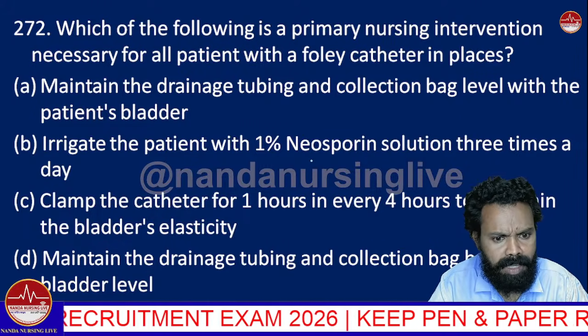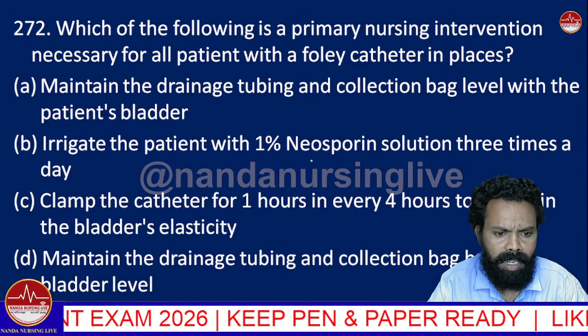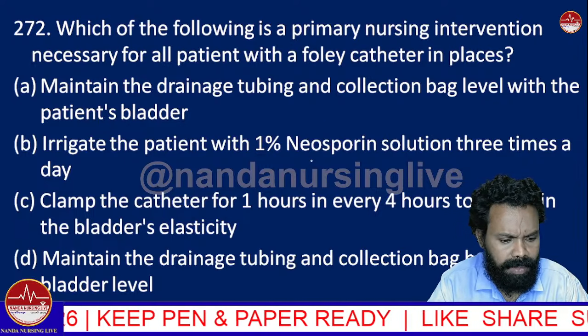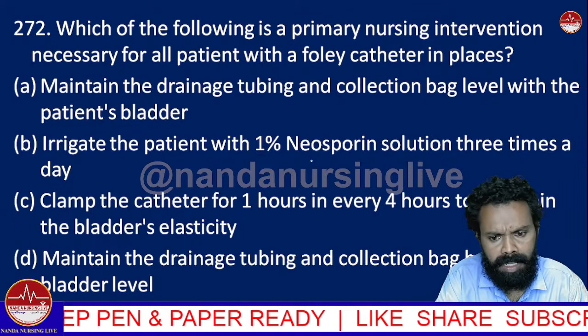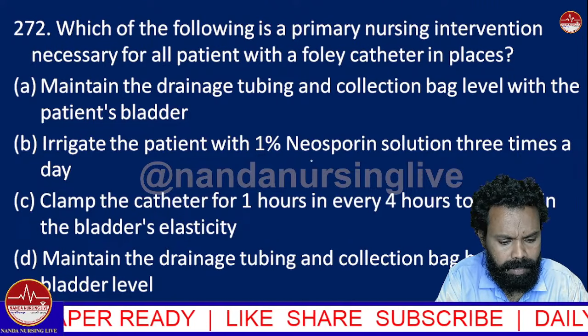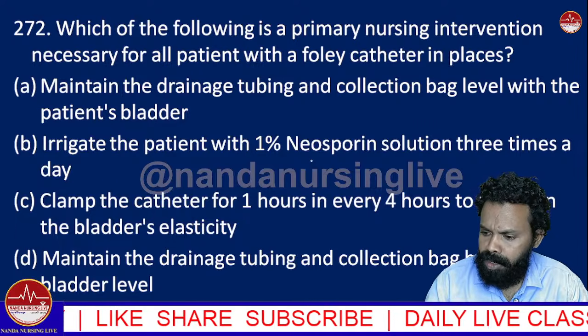Option C, clamp the catheter for 1 hour in every 4 hours to maintain the bladder's elasticity. Option D, maintain the drainage tubing and collection bag below bladder level. So which option is the correct answer, beta?